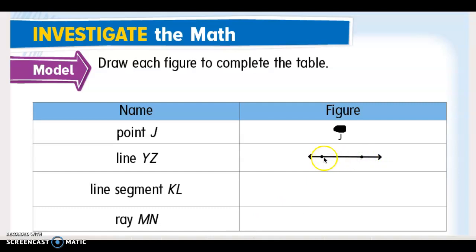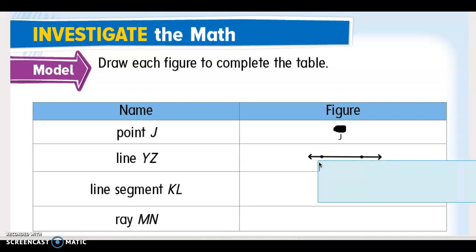YZ. So I'm going to put 2 points on the line. Doesn't matter where they go. And then I'm going to label those points. Sorry, just having technical difficulties. I'm going to label it.